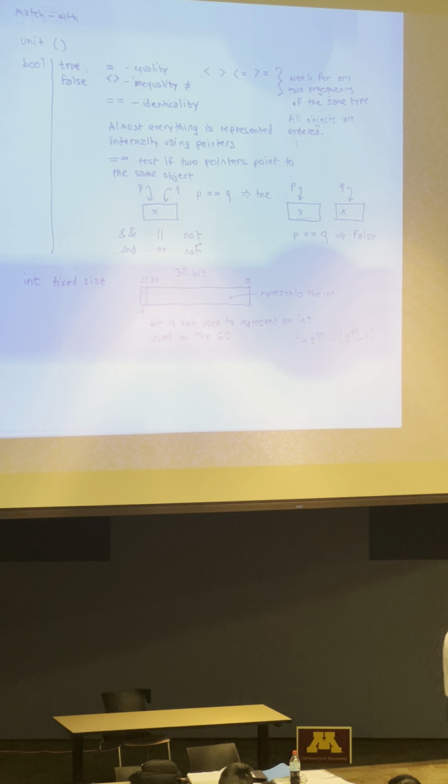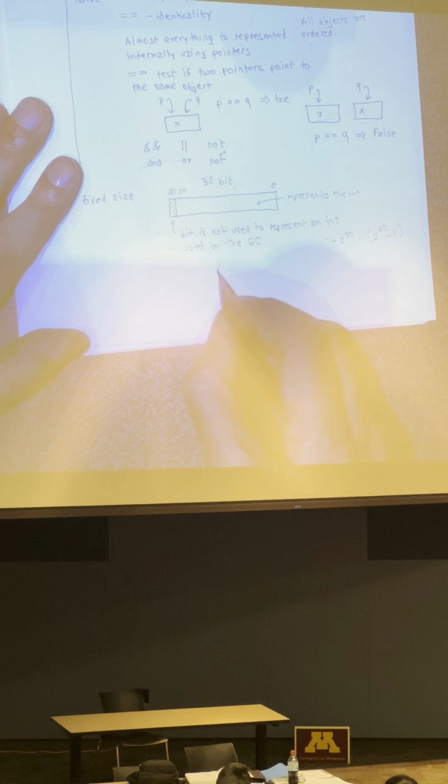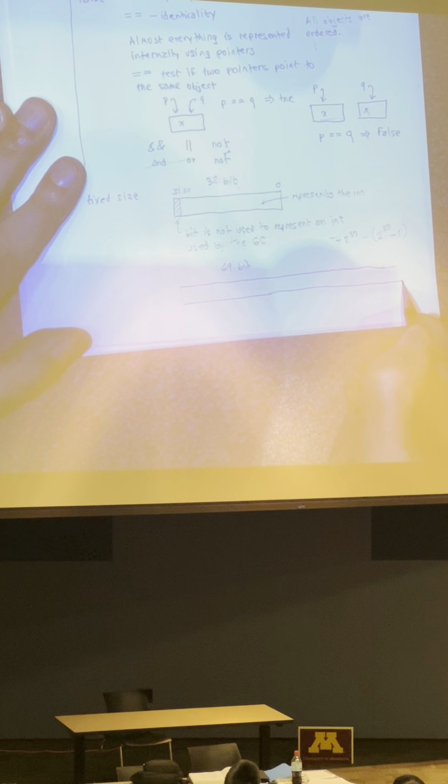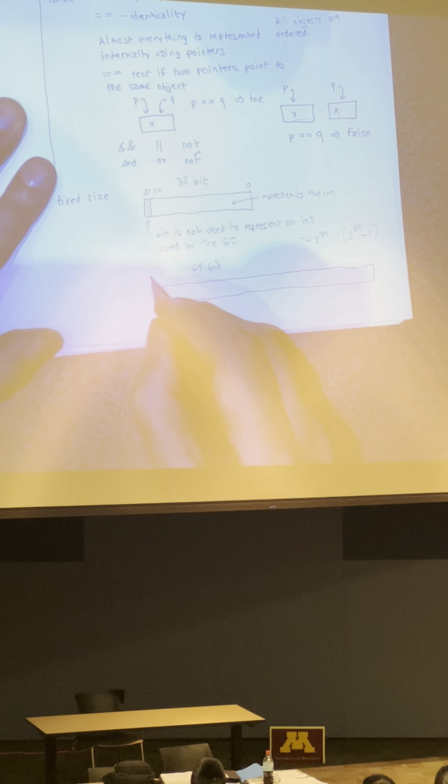But there is an upper limit on integers. If you've got a 64-bit machine, which is what most people have, this is making the integer twice as big. Bit 63 is then used for garbage collection, and so you get minus 2 to the 62 up to 2 to the 62 minus 1.